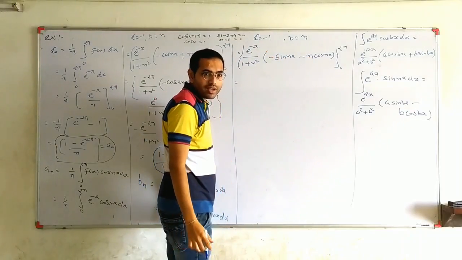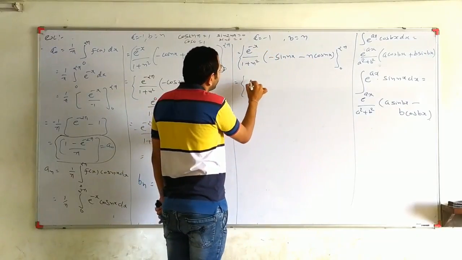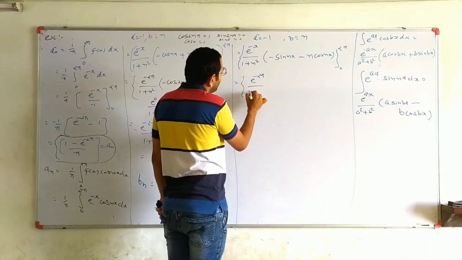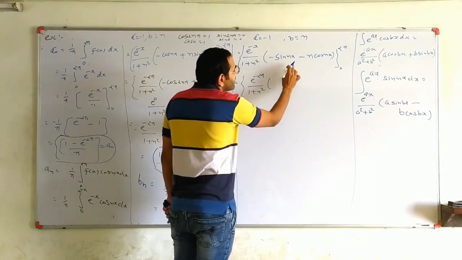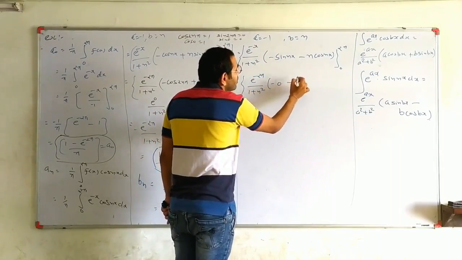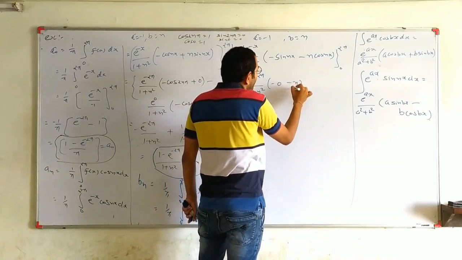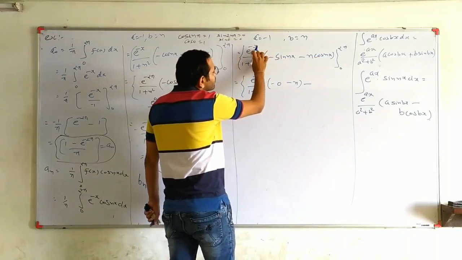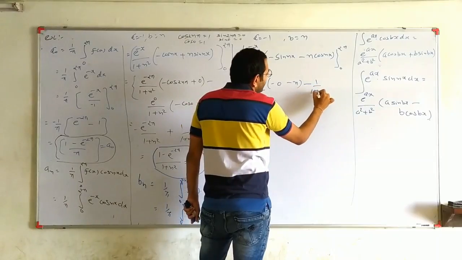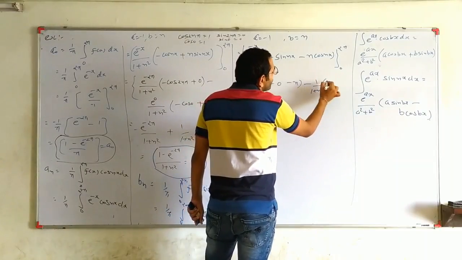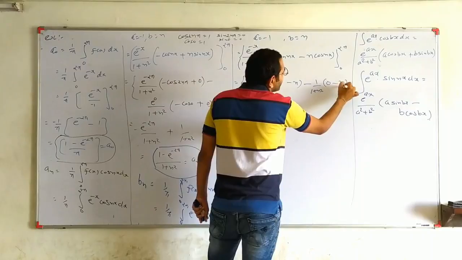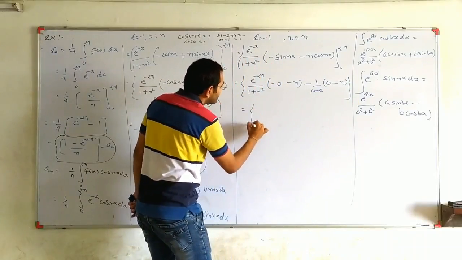Then substitute x as 2 pi. Then e raised to minus 2 pi upon 1 plus n square, sin 2n pi is 0, cos 2n pi is 1, minus e raised to 0 which is 1, then 1 upon 1 plus n square, sin 0 is 0, cos 0 is 1. Now simplify this term.